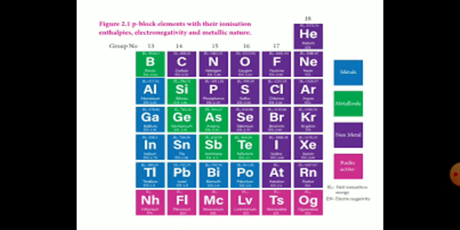Then the elements below carbon are called the carbon family, then the nitrogen family, oxygen family, halogens, and finally noble gases. In the periodic table, group number 13 to 18, already we know the periodic table contains 18 groups, no? Out of those 18 groups, the groups starting from 13 and ending at 18 are collectively called P block elements.